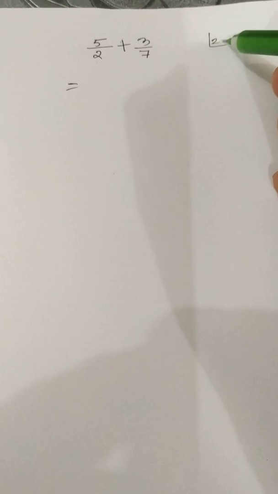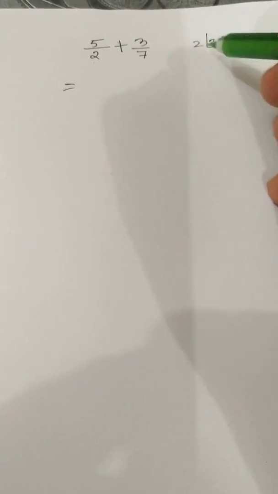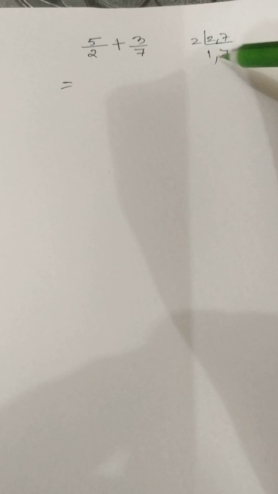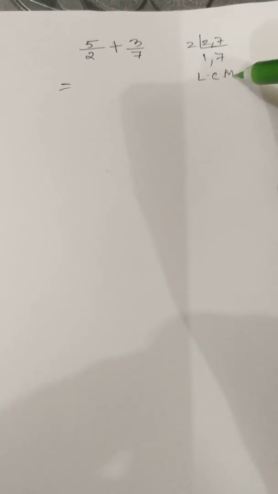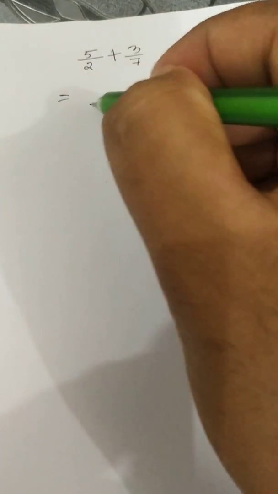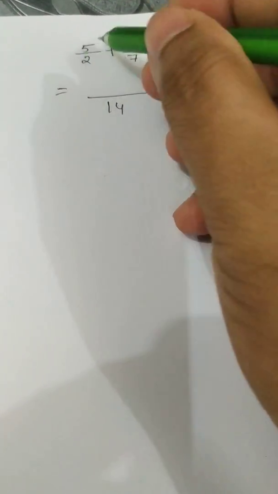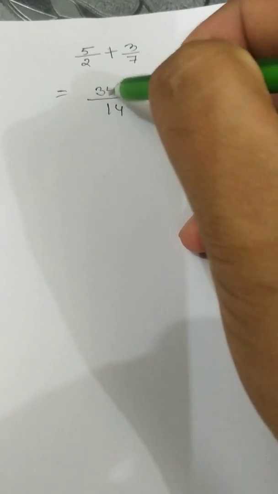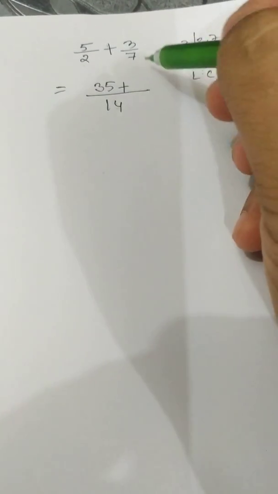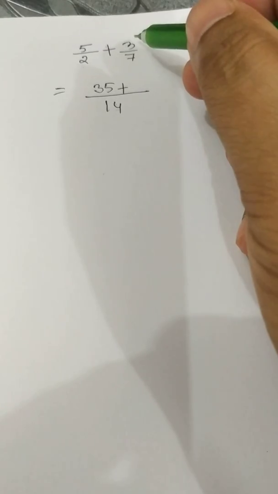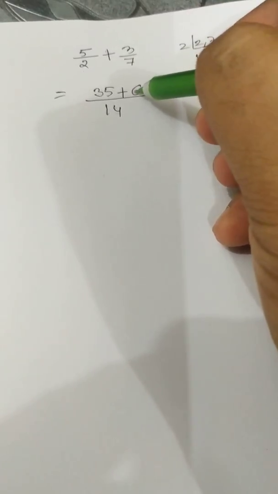So LCM of the denominators is what? 2 ones are 2, then 7 stays as it is. So LCM is 2 into 1 into 7, that is 14, right? So if I add this, 14 divided by 2 is 7, then 7 into 5 is 35, plus 14 divided by 7 is 2, 2 into 3 is 6, right?